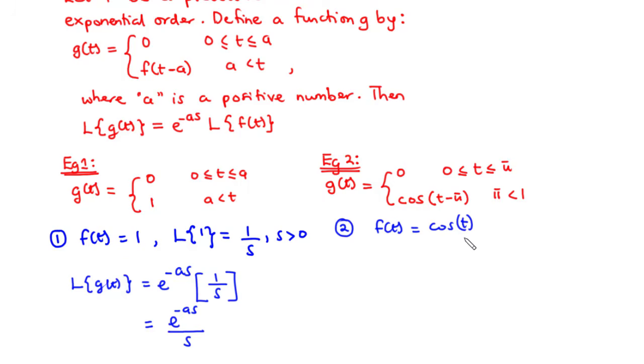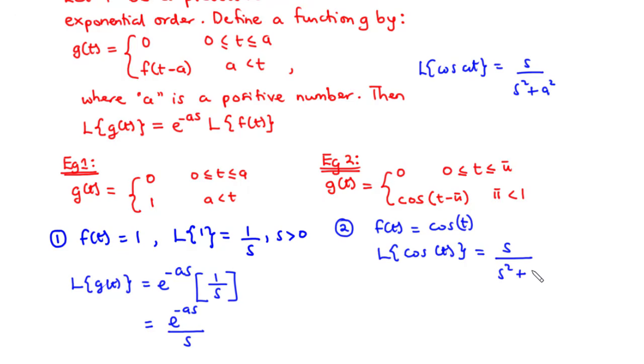Since we have the function without the delay, we need to find the Laplace transform of that function. We know that the Laplace transform of cos at is equal to s over s square plus a square. In this case, we have a to be 1. Therefore, we have s divided by s square plus 1 square, which is still 1. Now, the next thing is to find the Laplace transform of the function g of t.